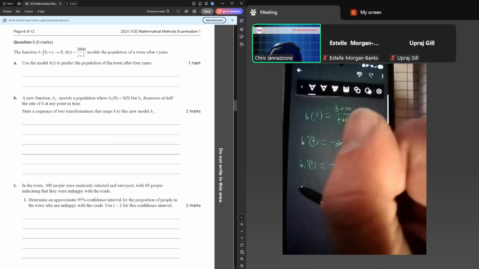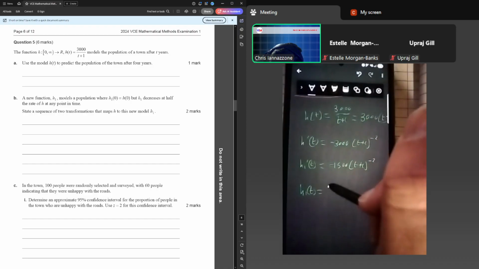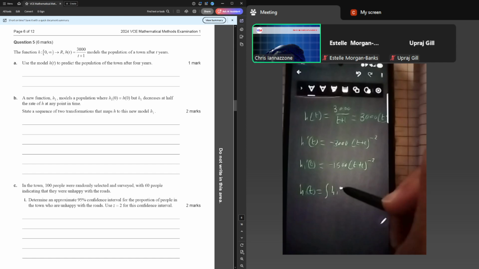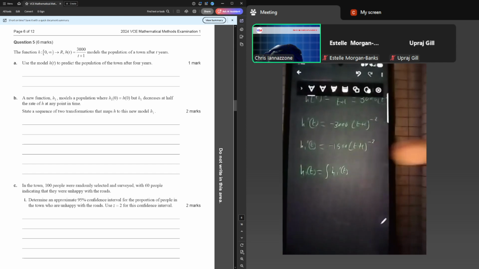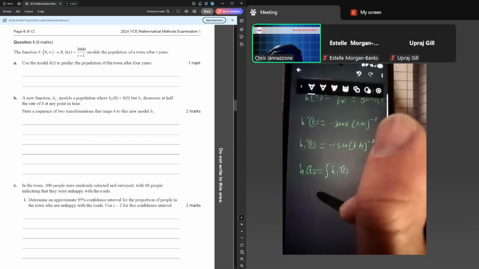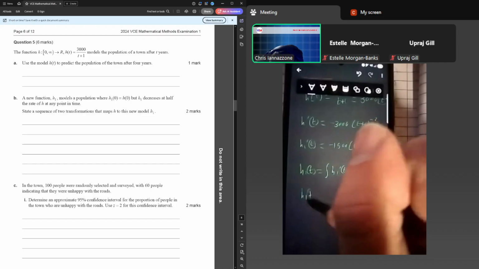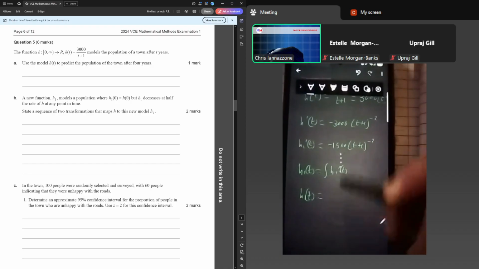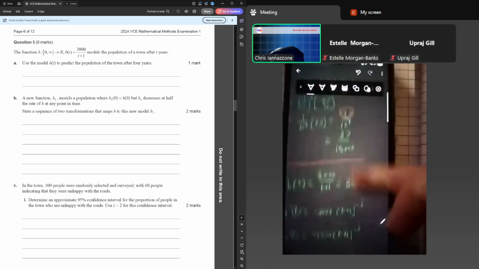So h1 of t is the anti-diff of h1 dash of t. Anti-diffing this, we've done an anti-diff of this kind of thing before. So h1 of t is just, so you're going to have negative 1500 on, where was it again?